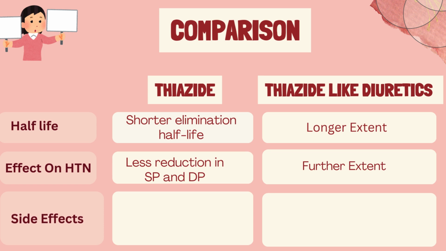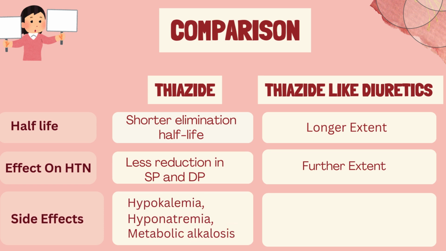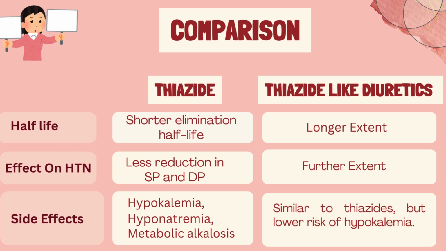Meanwhile, in the study of side effects, the incidence of hypokalemia, hyponatremia, metabolic alkalosis, and changes in other biomarker levels showed no statistically significant differences between the two groups of drugs. So, thiazide-like diuretics are superior to thiazide-type diuretics in reducing blood pressure without increasing the incidence of these probable side effects.